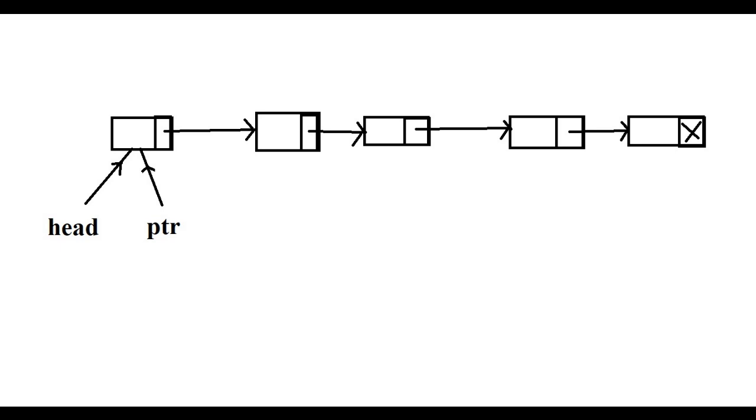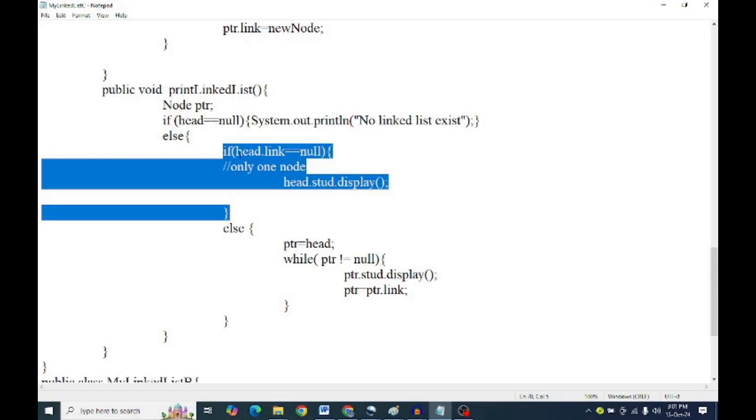If you advance this ptr by ptr equal to ptr dot link, ptr will be pointing to the next node. Finally, the ptr will advance and it will point to a node with the link field equal to null. When ptr points to the last node, ptr will not be null. After doing ptr is equal to ptr dot link, ptr will become null, and at that time the loop will exit. No need to check whether the linked list has only one node or more than one node. That while loop with the condition ptr not equal to null is enough to print all the data.